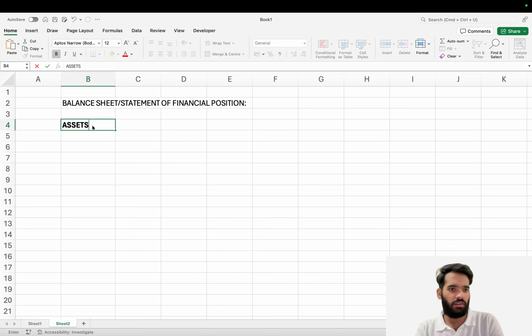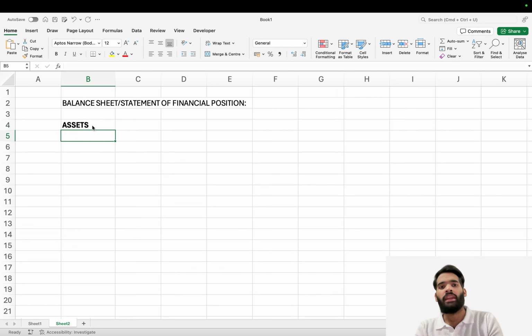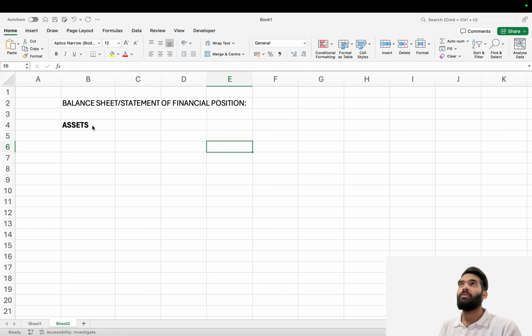First we mention the assets, and under assets, now here I would like to give you some guideline. There's a little bit of difference between the format under GAAP and the format of balance sheet under IFRS, which is obviously International Financial Reporting Standards.